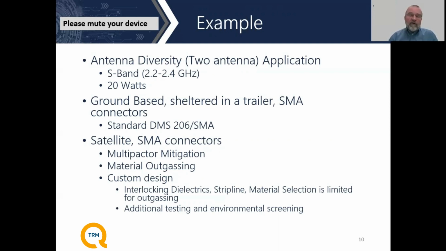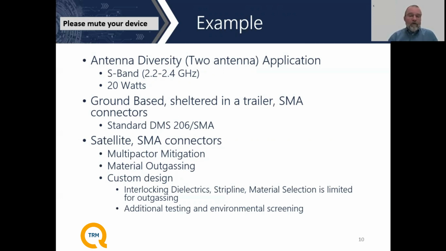Very often those applications do need to be environmentally sealed, so we probably have to epoxy seal a DMS 206. Very often most of the other parameters are okay the way they are for those environments. We probably won't have to worry about the interlocking dielectrics if it's just going on an airplane, because the altitude isn't high enough to have those problems present themselves.